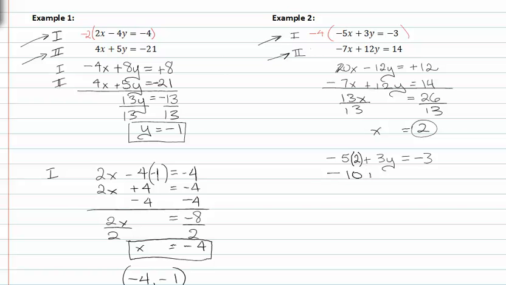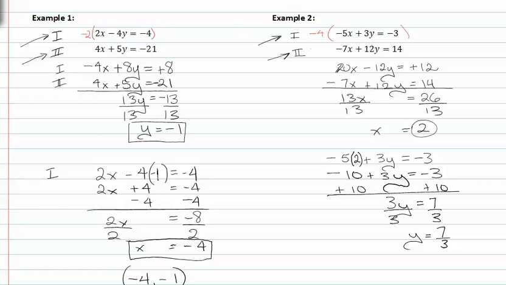Negative 10 plus 3y is equal to negative 3. Adding 10 to both sides gives me 3y is equal to 7. Divide by 3, and we get y is equal to 7/3.